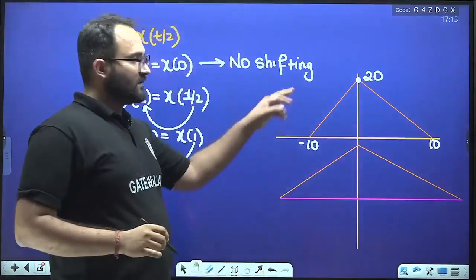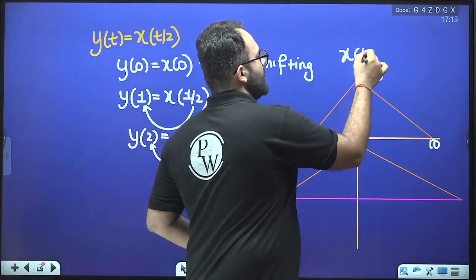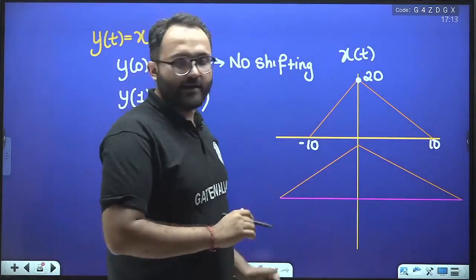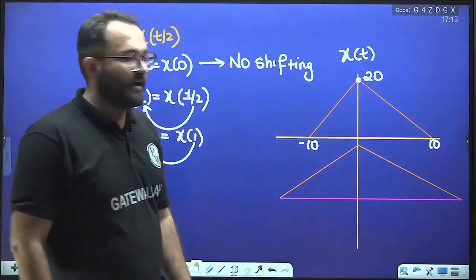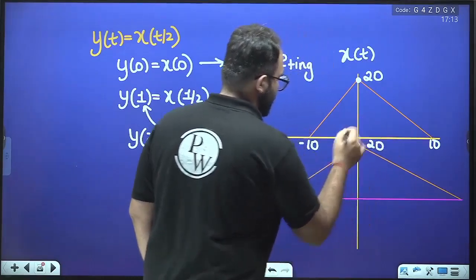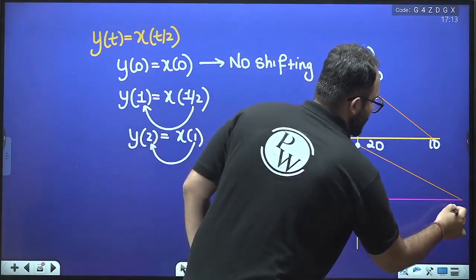This is your x(t). Now the shape will not change, only it will get expanded. The shape will remain the same, the height will remain the same. Only it will get expanded. It will go from minus 20 to 20.